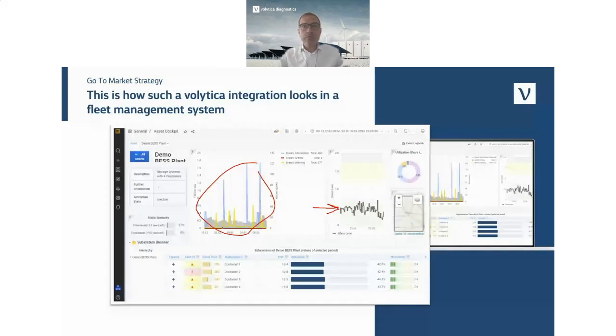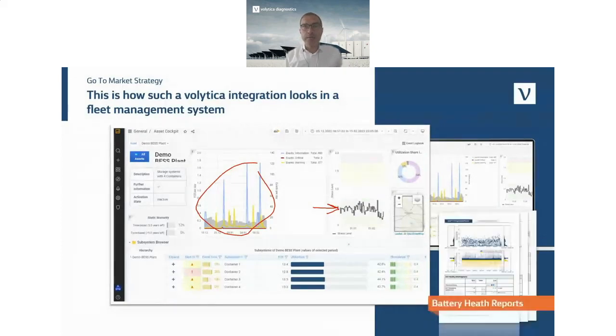What we also do next to this continuous monitoring with graphical user interfaces and dashboards is battery health reports, PDF reports with very detailed analysis of the state of health, residual capacity, round trip efficiency, safety issues, statistics. So this is quite a comprehensive offering around everything around the quality of a battery in operation.